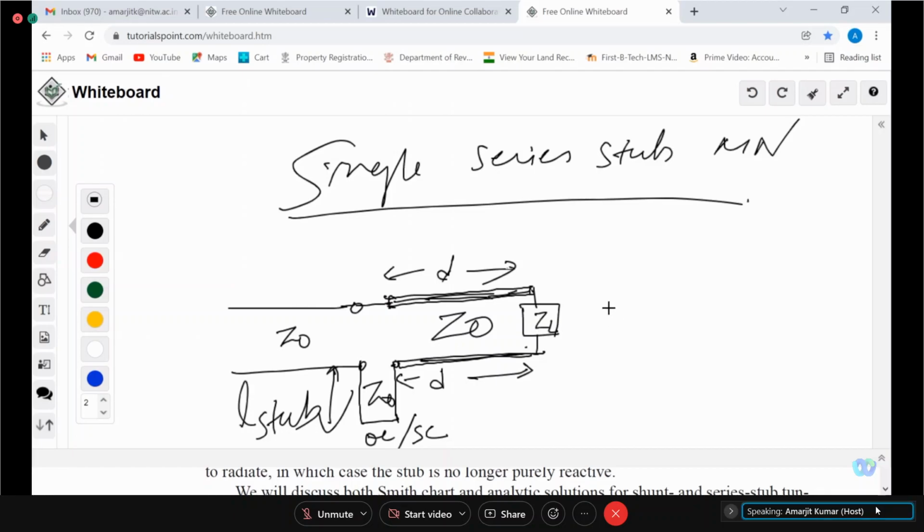So now what to do? How to solve it? Again, we will calculate what is the impedance here. Z is equal to 1 upon Y. So we can write the real part of Z and the imaginary part as R plus jX.